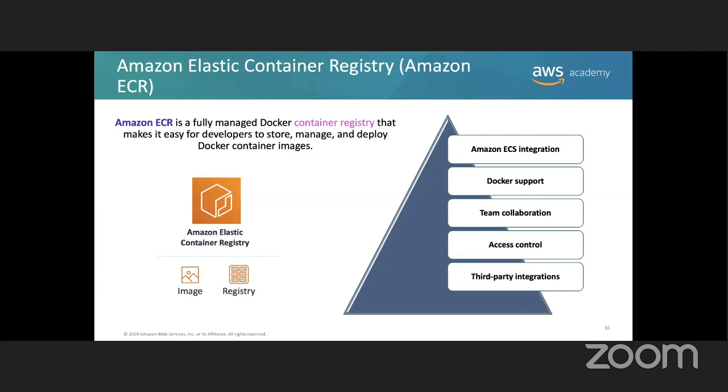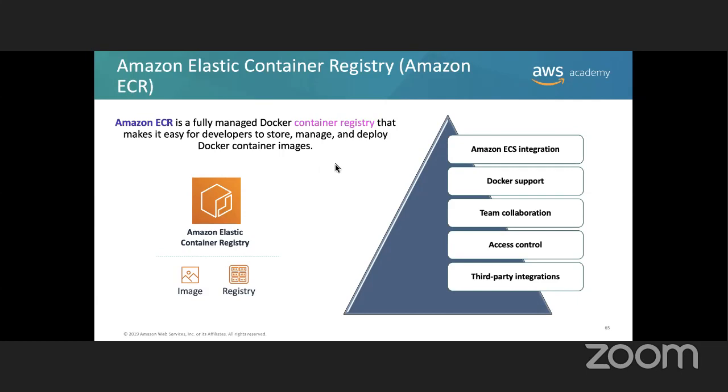Okay. So we talked about this guy before, right? This is a fully managed Docker container registry, right? It's where you can register the Docker images, right? It makes it easy for developers to store, manage, and deploy Docker container images.